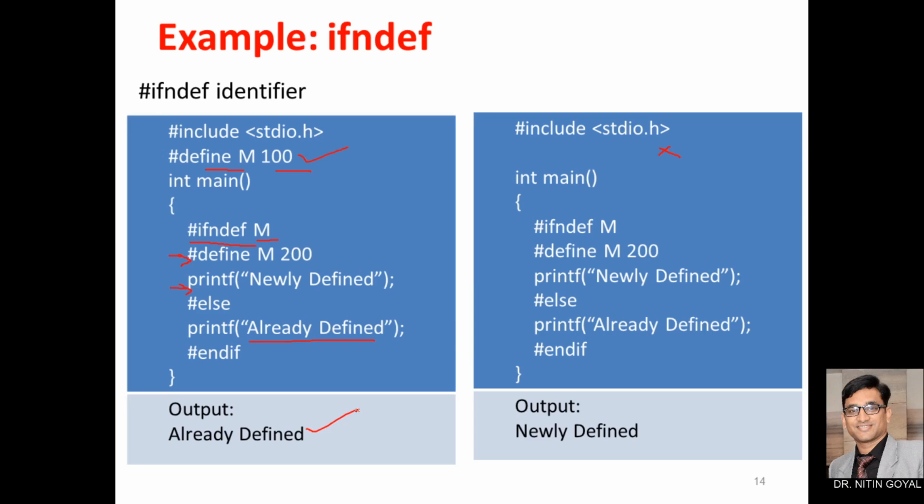Whereas now take the second case, that is the right hand side, in which we have not defined the value of m as 100. Now it will check #ifndef m, meaning if not defined m, yes, it's true. If it is true, then these two statements will get executed, where in the first you are defining the value of m as 200 and printing newly defined, meaning you have newly defined the value of m as 200.